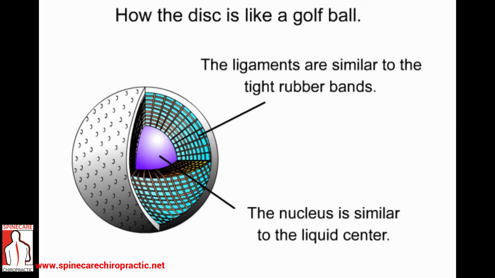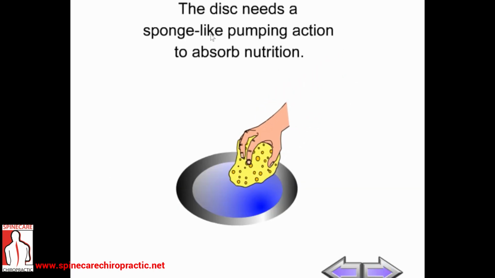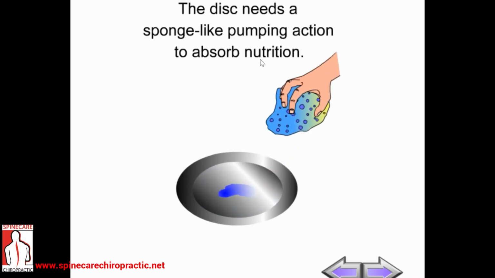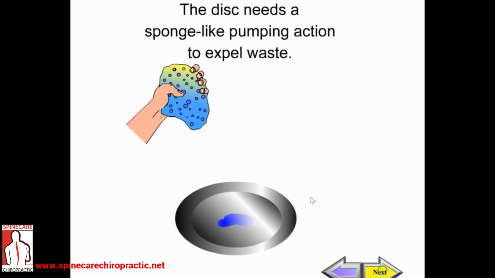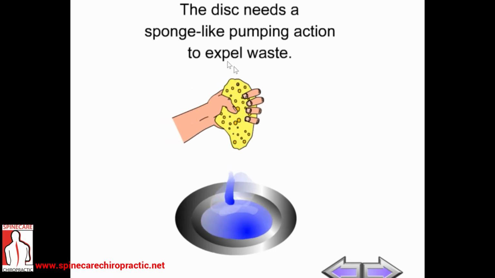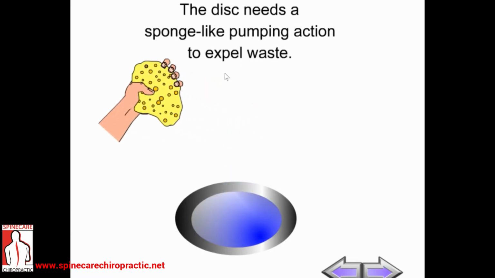It's more solid. Now, the disc needs a sponge-like pumping action to absorb nutrition. It needs to absorb clean fluids so that it gets proper nutrition, and it also needs to pump out all the toxic waste and toxic fluids.